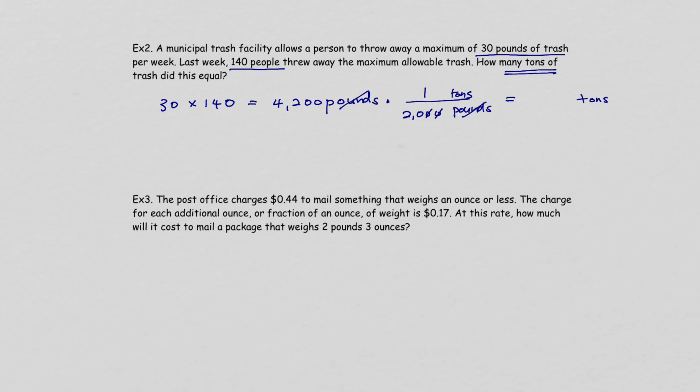We can get rid of 0. So basically you're doing 42 divided by 20. And when you reduce that, that's going to be 21 over 10. And when you change that to a mixed number, it will be 2 and 1 over 10 tons.